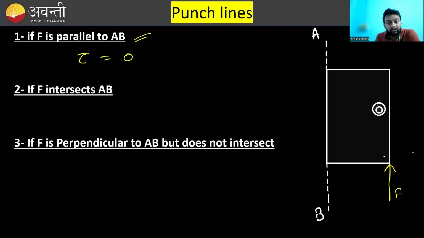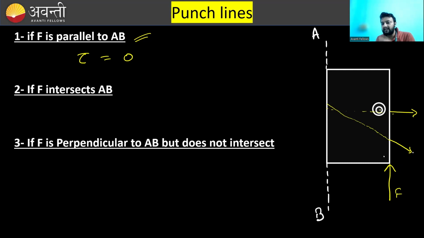Second case, remember those things. These are very important. Second thing: if F intersects AB, for example, if you apply a force like this, it is going to intersect the line AB. Or you have applied some force here, like this, which again intersects the line AB.